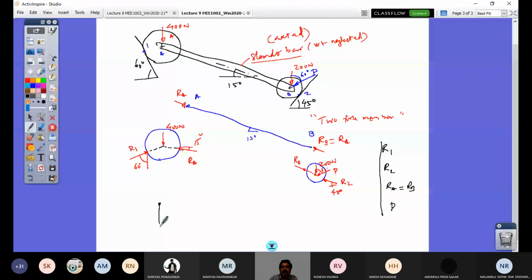One is the load 400 Newton. Another one is R1, which is inclined to the vertical at 60 degrees. Another one is this RA, which is inclined to the horizontal at 15 degrees.